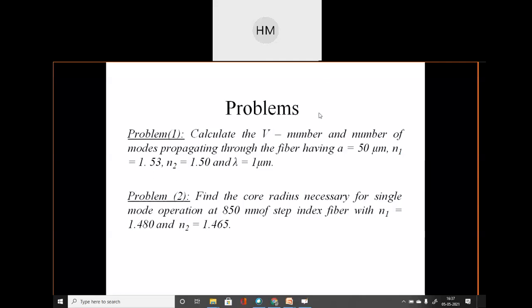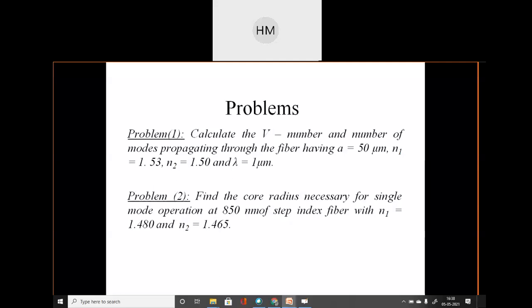Clear? The thickness of the guide layer is 9.83 micrometer, and the guide is excited by a source of wavelength lambda equal to 0.85 micrometer.